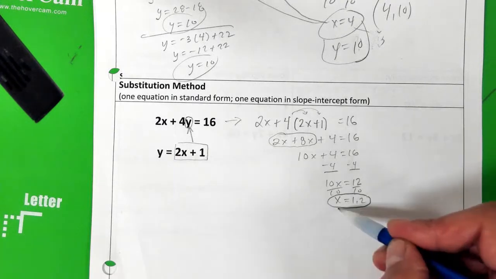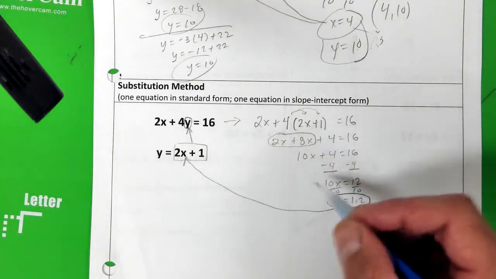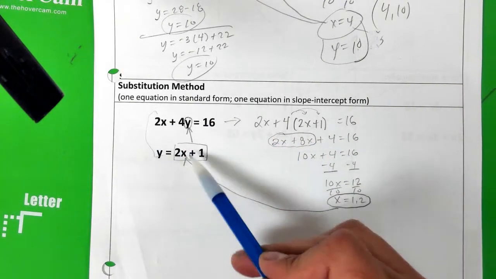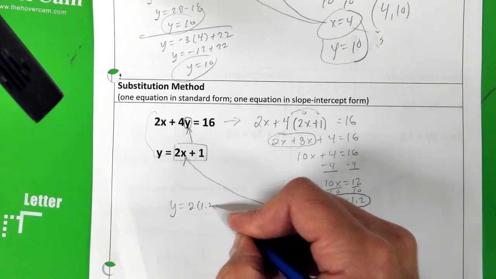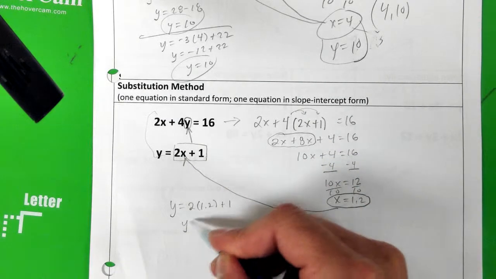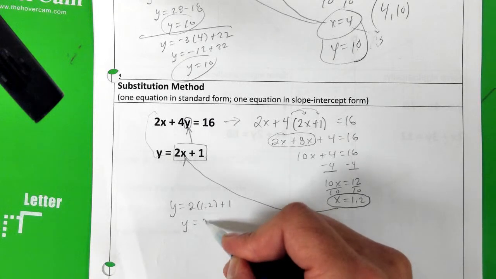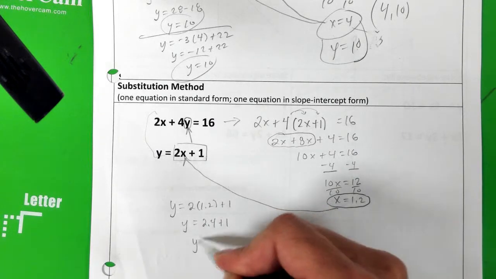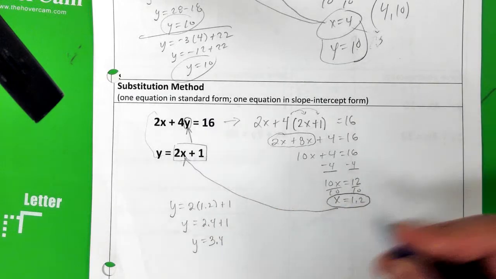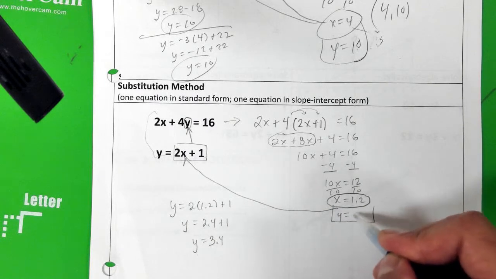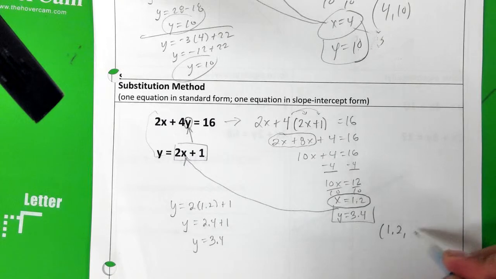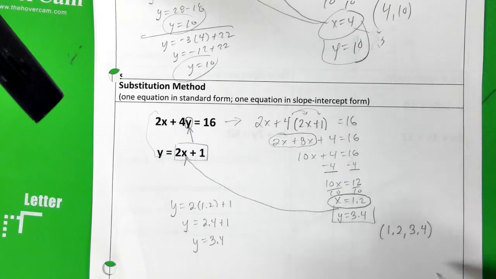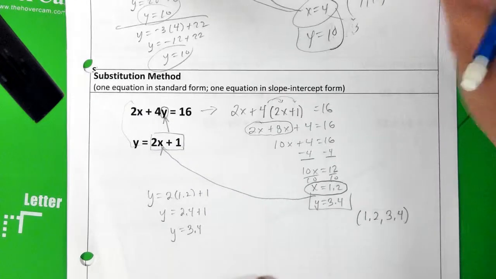All right, so if we substitute 1.2 back into one of our original equations, now in this case, probably easier to use this equation here to find our y value. So we have 2 times 1.2, which would be 2.4, plus 1, which would be 3.4. So the y value is 3.4, so we're saying the solution here is 1.2, comma 3.4.